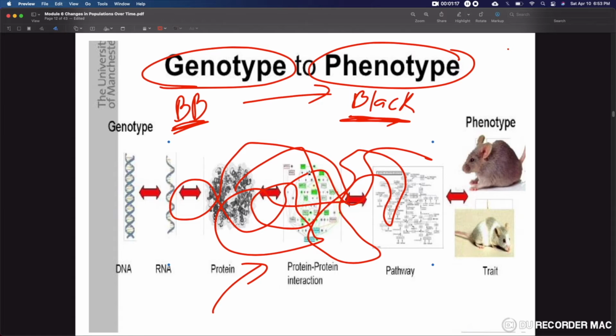For example, you may have the gene for being tall, but since you didn't eat the right nutrients, you didn't eat much calcium, you didn't have a balanced diet, that gene won't be expressed. Or maybe you have that gene for tallness, but certain interactions with proteins from your other genes inside you, gene-to-gene interaction, may have inhibited you from being tall.